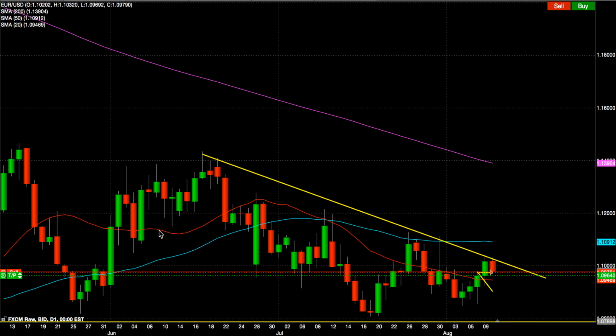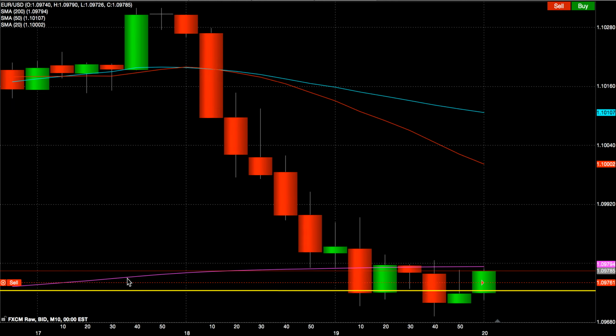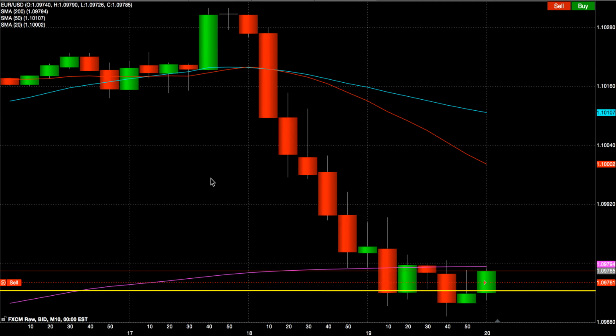On the daily it's still bullish, but on the weak side. You can see this thing keeps hitting that 200-day moving average here. Looks like it's struggling though.